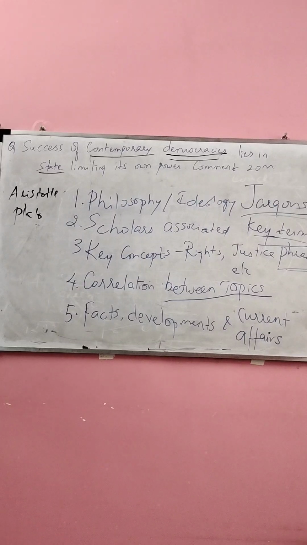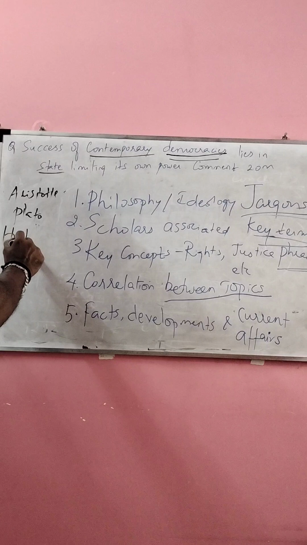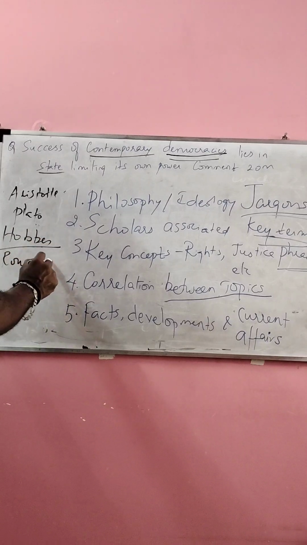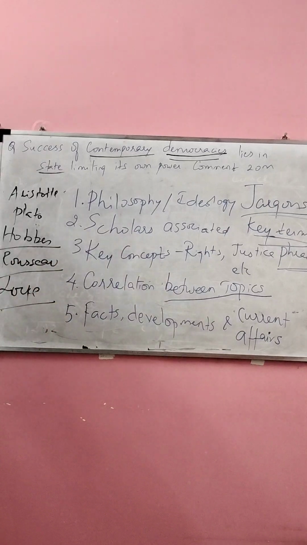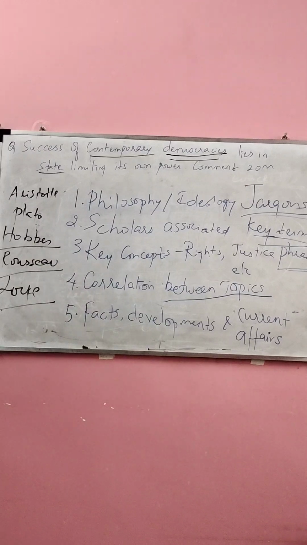Other scholars. Coming to modern period, the important scholars associated are Hobbes, Rousseau. Most important scholar is John Locke. John Locke is the father of liberalism. They are directly or indirectly related to democracy as well as the concept of state.